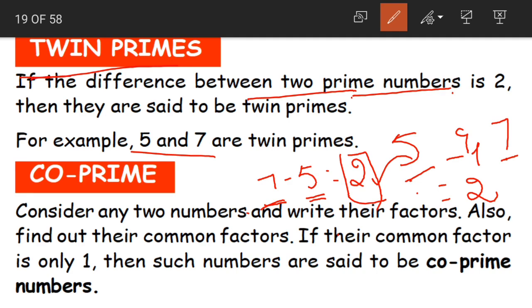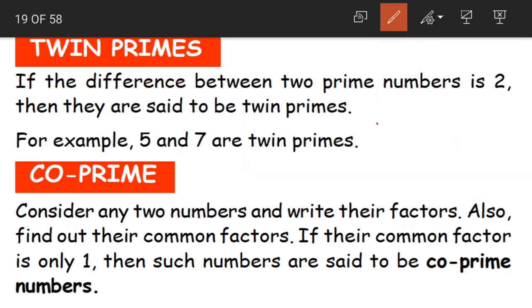Yes, children, what did I say? Twins are two people. Okay, remember it like this. Twins means two people. So twin primes are those prime numbers whose difference is 2. For example, 5 and 7. Another example would be 11 and 13. So what are twin primes again?